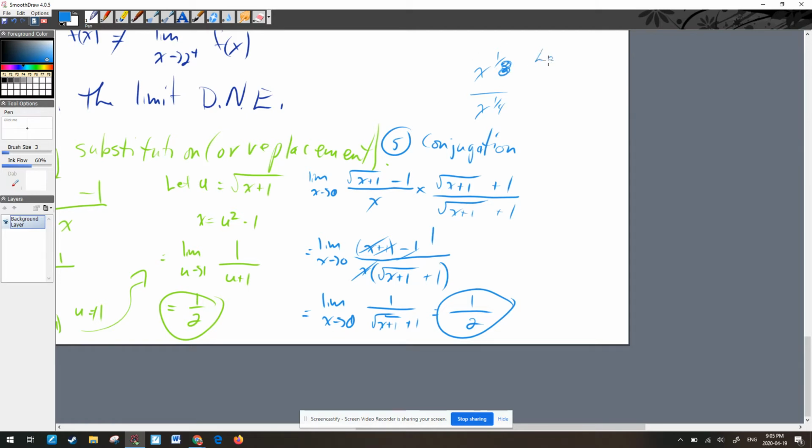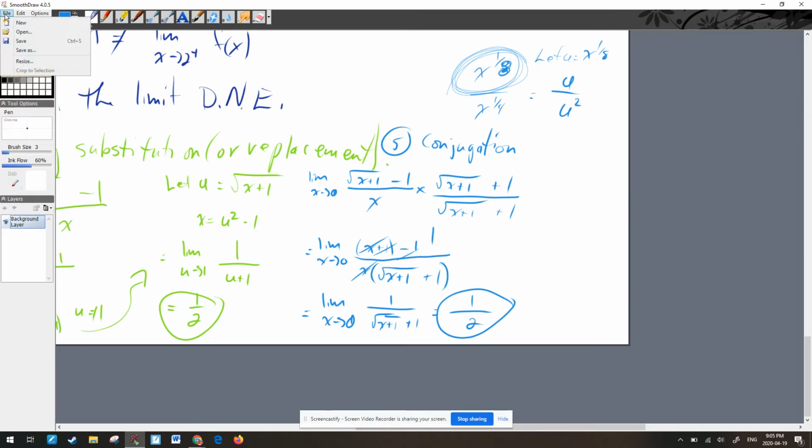You do something like, I'm going to let u equal x to the 1/8. And so then this would be u over, well, 1/4 is 2 times 1/8. So that would end up being actually u squared, right? So then we could do some simplification. So the other way when we're doing a replacement is you always want to try and replace the lowest exponent, and then the higher exponents become a higher power, okay?